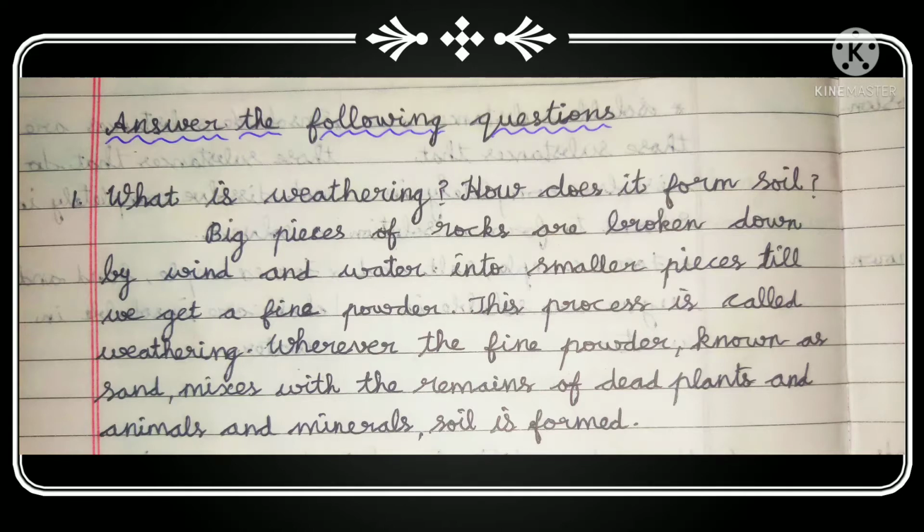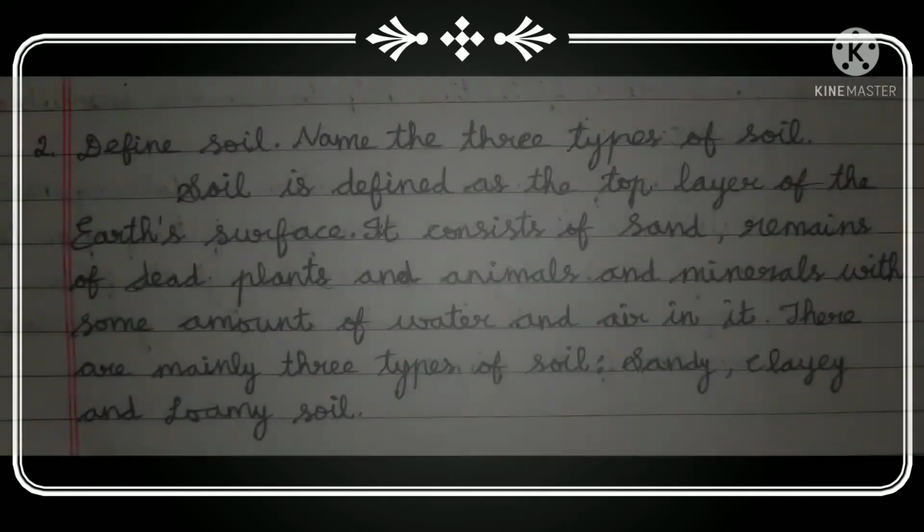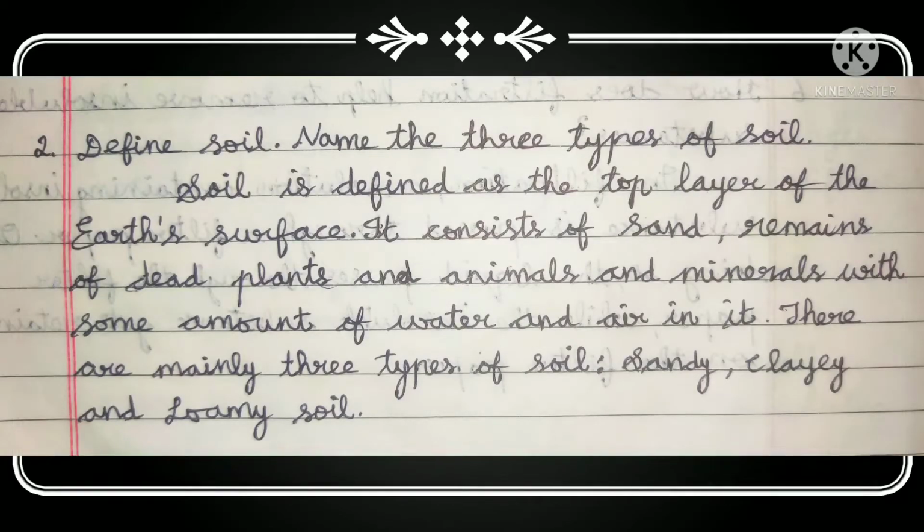Wherever the fine powder, known as sand, mixes with the remains of dead plants and animals and minerals, soil is formed. Second, define soil. Name the three types of soil.